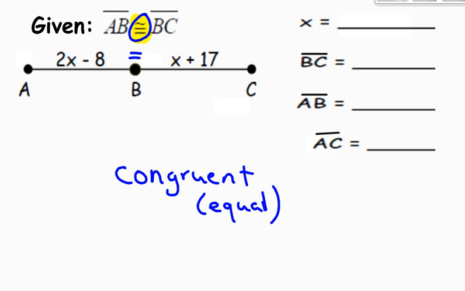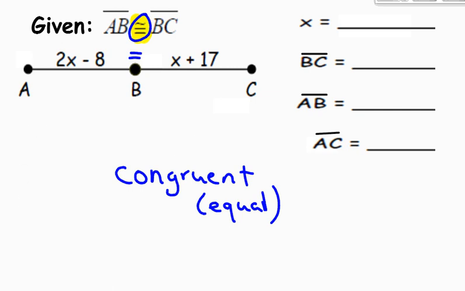The examples we did prior to this didn't say anything about them being equal, or didn't say anything about having a midpoint. So we were solving stuff like this, where I had different sized line segments, okay? Because they're now congruent, the line segments are the same size or equal in length.